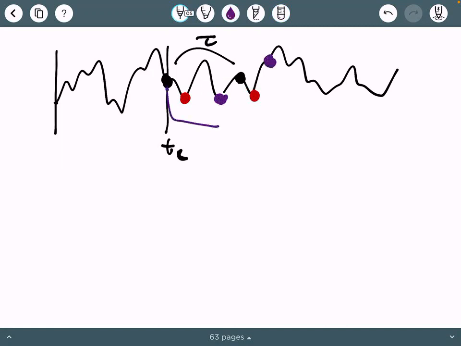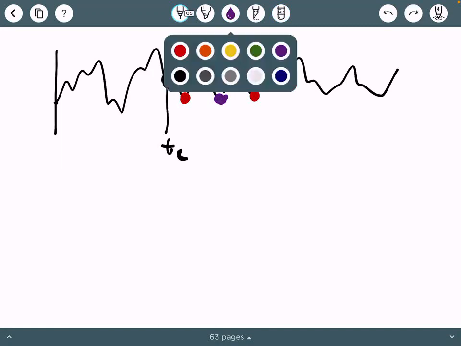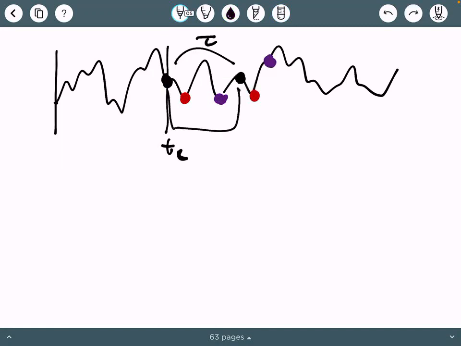You see, this is tau, this is tau, this is tau, and I'm averaging all this.